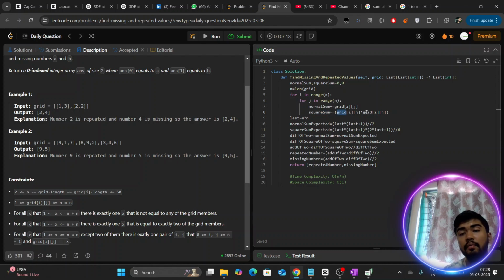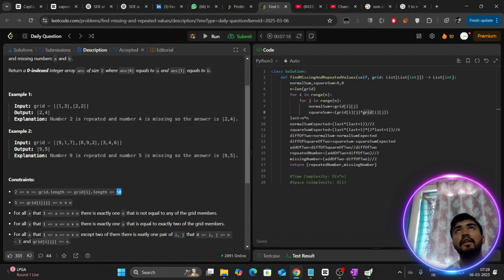The grid of i comma j is pretty bounded, because at max it is 2500, which is within the range of integer only. In that case we are good, but when we are doing the sum, we might overflow. So make sure you are using long for the square sum, or throughout all the variables, to avoid compilation issues in all the places.